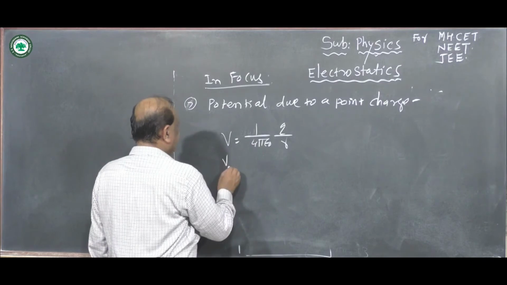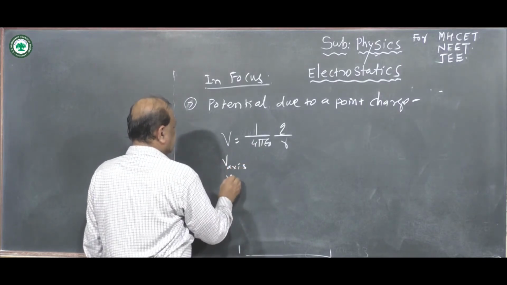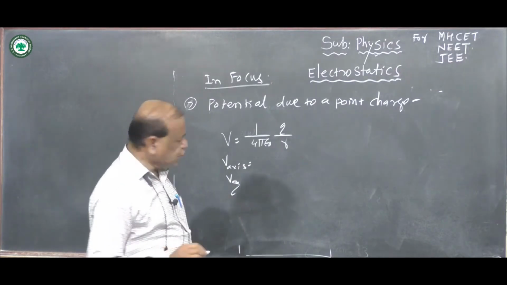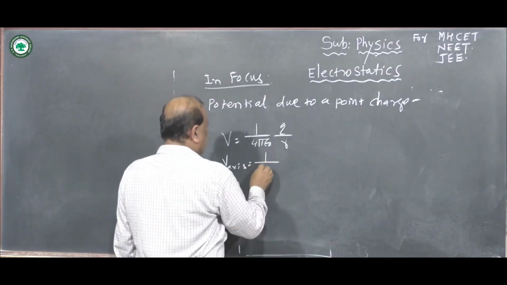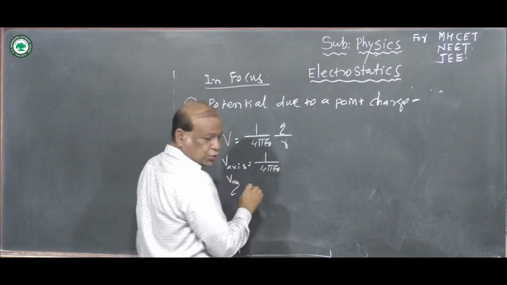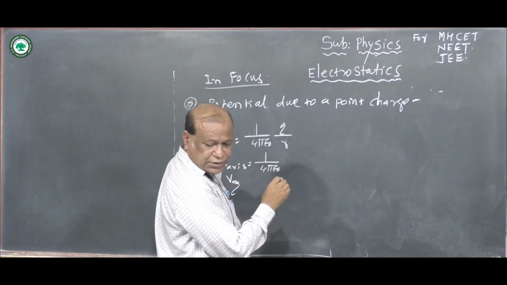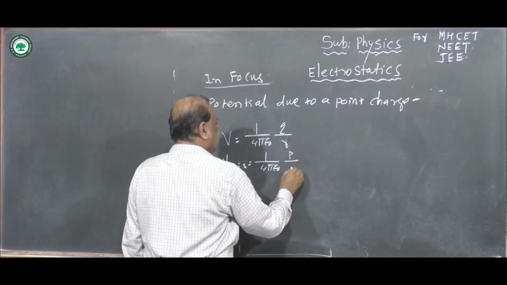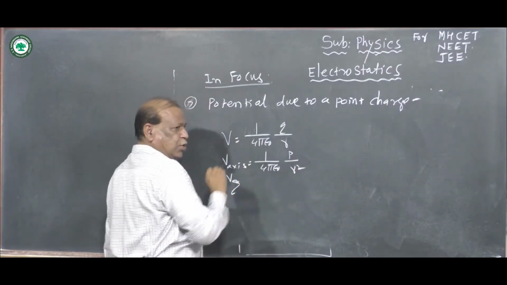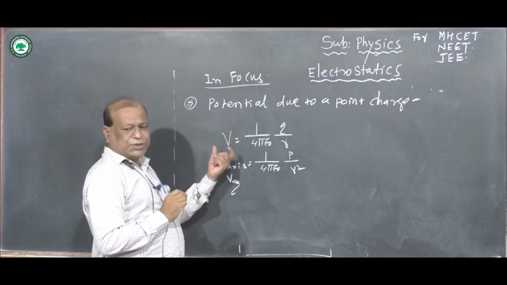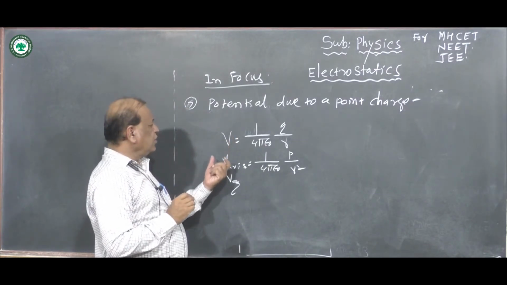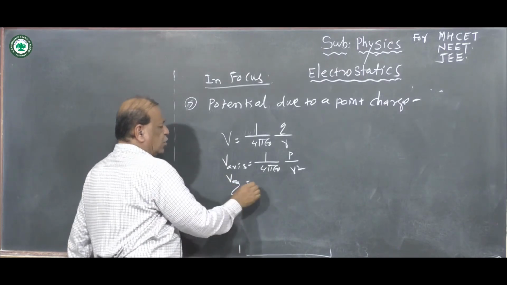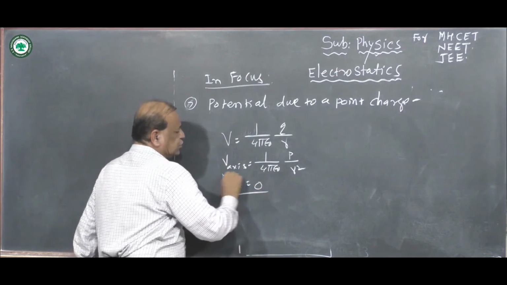Here V along axis and V along equator. The value along the axis will be 1 upon 4 pi epsilon 0 P divided by R square, where P is the electric dipole moment. Already we obtained that expression for electric potential along the axis, and electric potential along the equator is always 0.